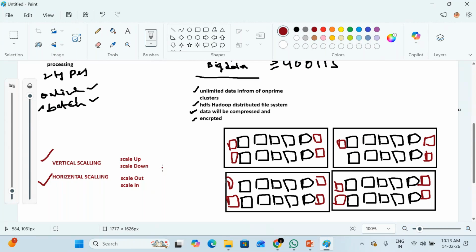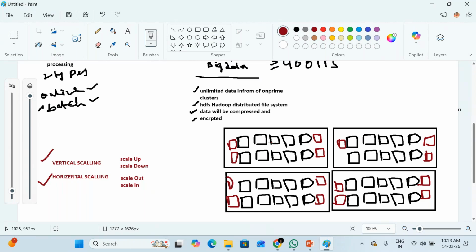So from the Hadoop point of view, one cluster we call one server. For example, 100 computers will be called one cluster. One cluster acts as one computer. So in Hadoop, within the cluster, nodes are increasing and decreasing.